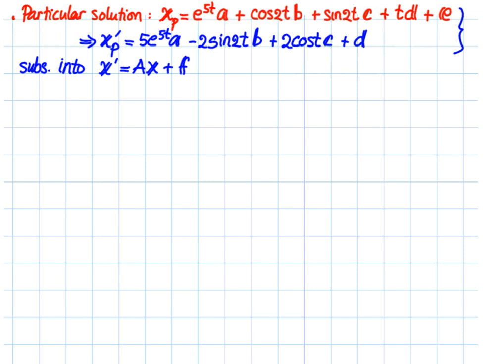The left hand side is the derivative, so we say 5 e to the 5t a, minus 2 sine 2t b, plus 2 cosine of t, cosine of 2t c plus d.